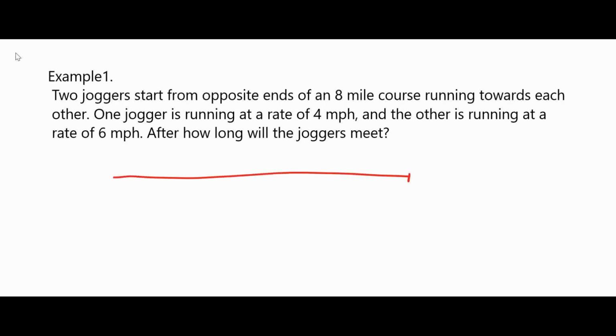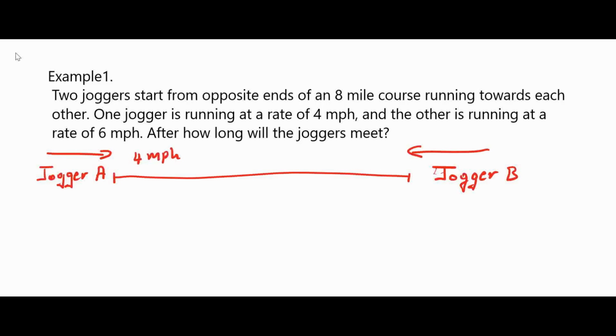So this is, let's say, jogger A and jogger B. Jogger B is running towards jogger A, while jogger A is running towards jogger B. So let's say jogger A is running at the rate of 4 miles per hour, and jogger B is running at the rate of 6 miles per hour.